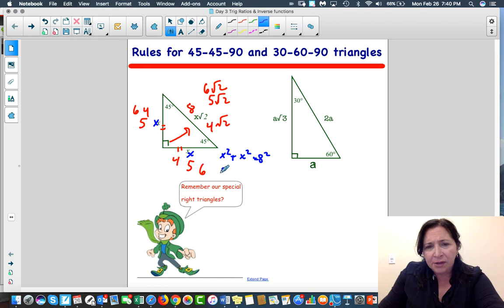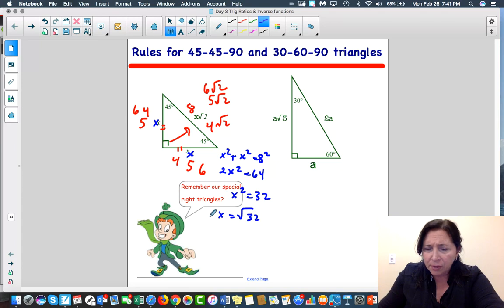That's 2x squared, which equals 64. I divide by 2 and get x squared equals 32, so x equals the square root of 32. I break that down into the square root of 16 times the square root of 2. So x is equal to 4 root 2.